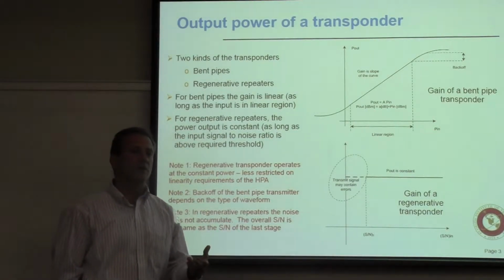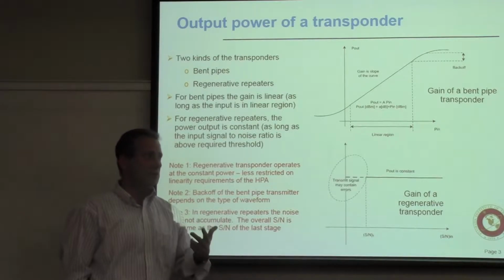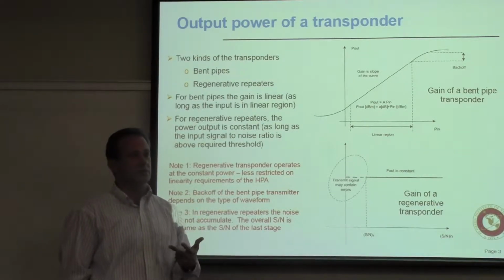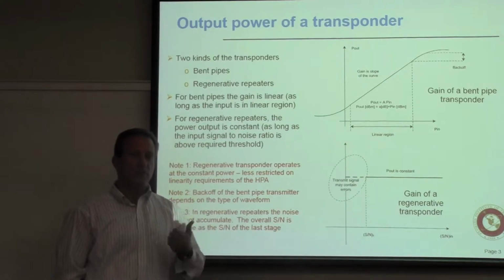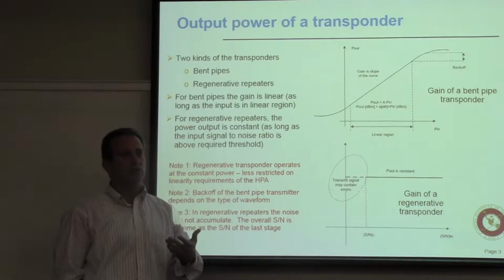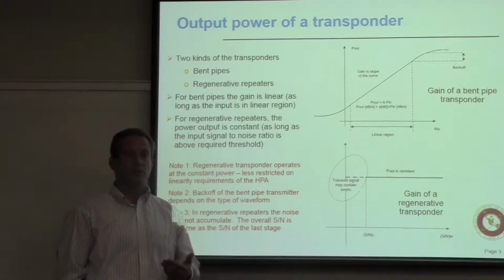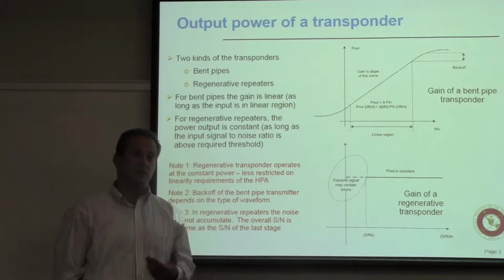And non-linear amplification is dangerous for at least 3 reasons. First reason is if the signal is non-linearly amplified, then the frequency content of the signal itself changes. You start seeing frequency components that didn't exist in the input of your signal, and that distorts the signal itself.